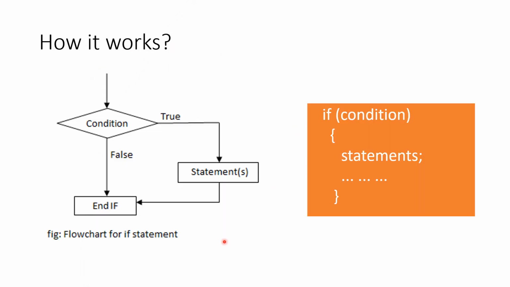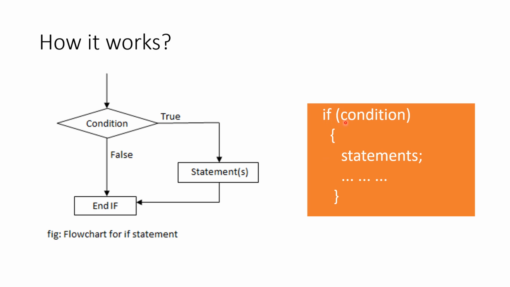Okay, in a flowchart, we represent if like this. We test the condition, and if it's true, we perform all the statements. If it's false, we end the if and we go and do whatever the rest of the coding is. In terms of syntax, this is how it looks.